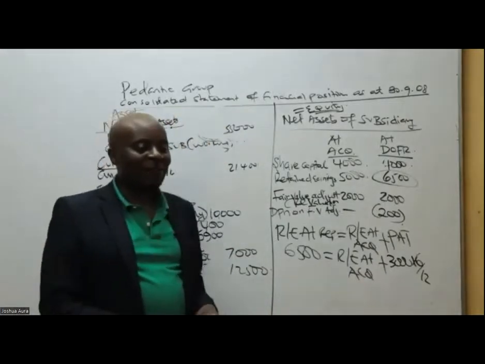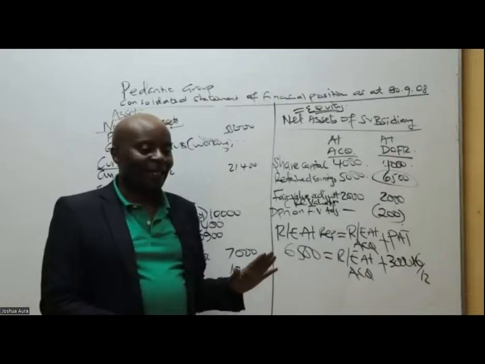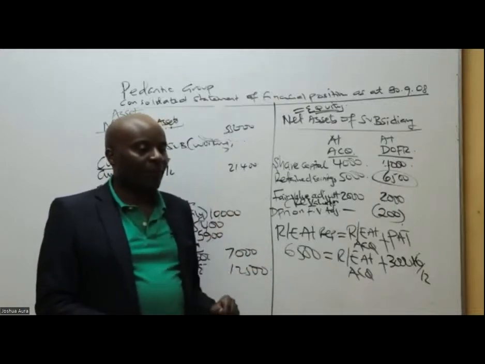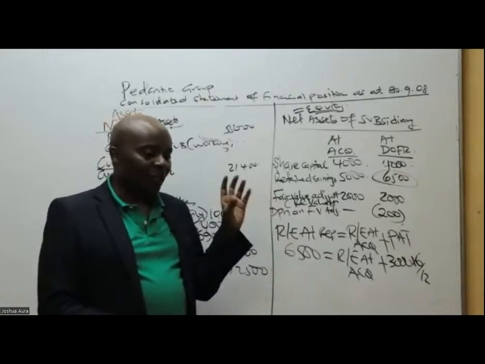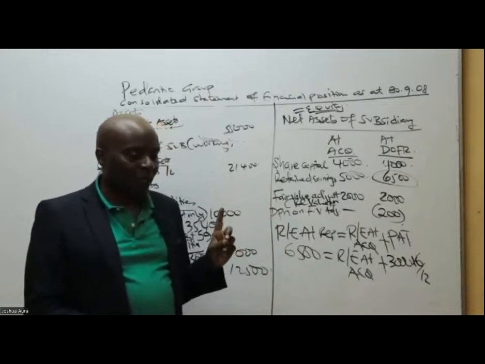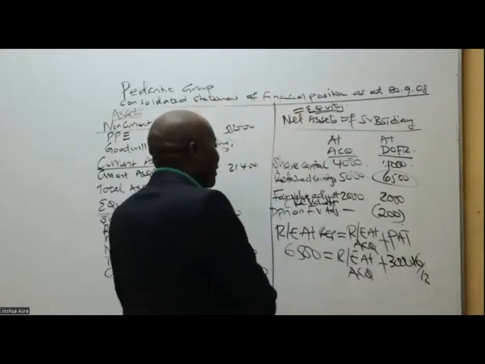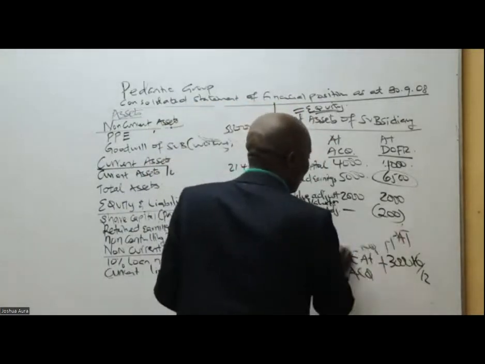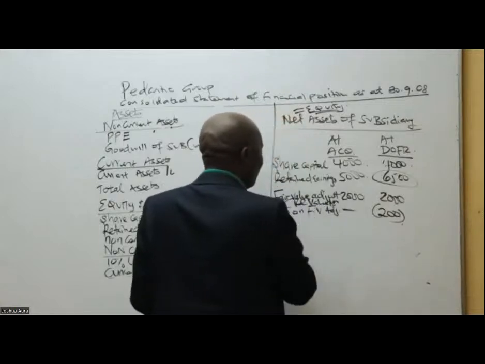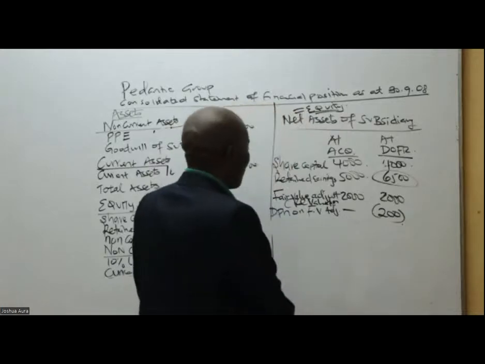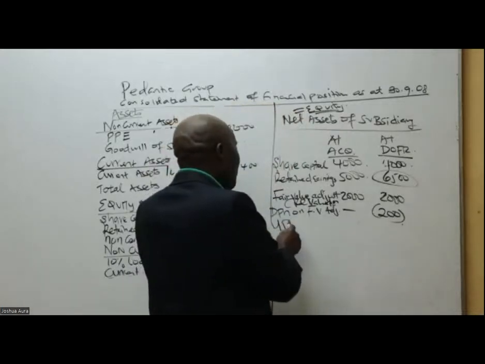So, ladies and gentlemen, there is one thing that you must always check in your net assets. I want to introduce this thing; it's quite an important thing. UPS. This one you must always check.